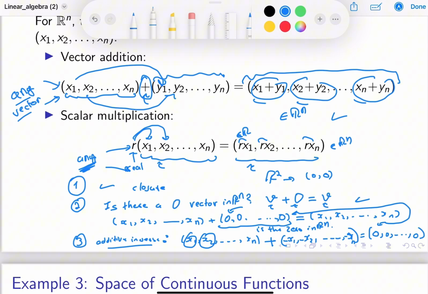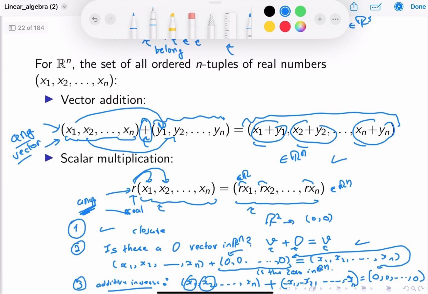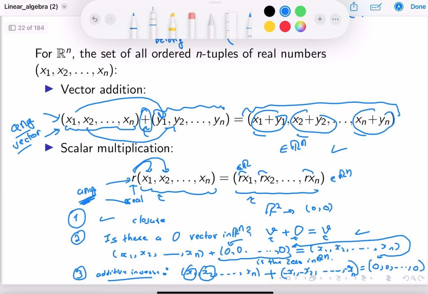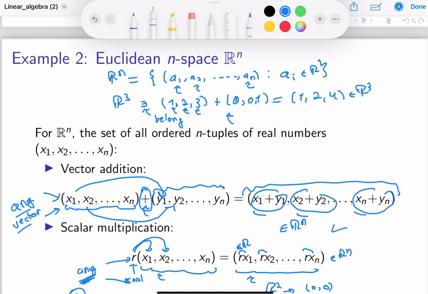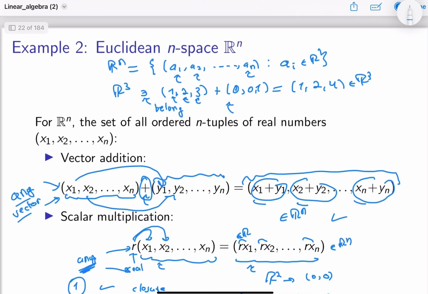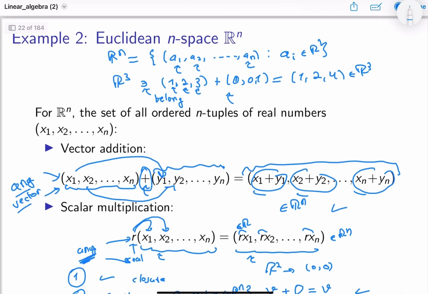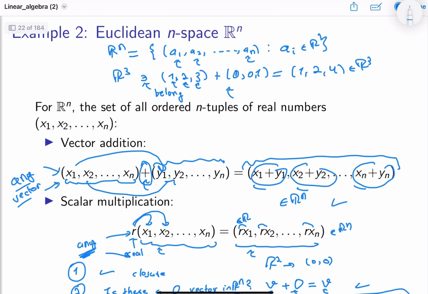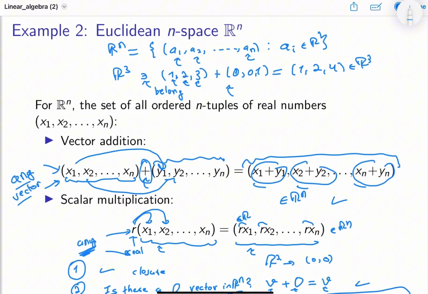So this is it. You just check the important properties, the important axioms that usually tell you whether or not a candidate is a vector space. The rest of the properties I'm going to leave for you as an exercise, because they're just easy checks, and you can refer to my discussion on R2 in the previous video to see the proofs in detail, written out in words.